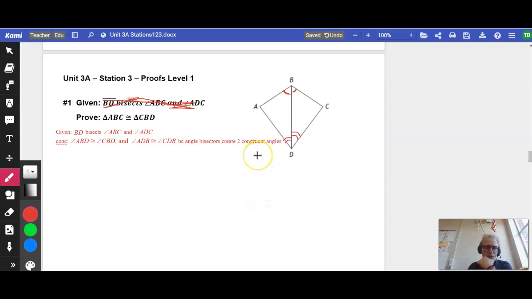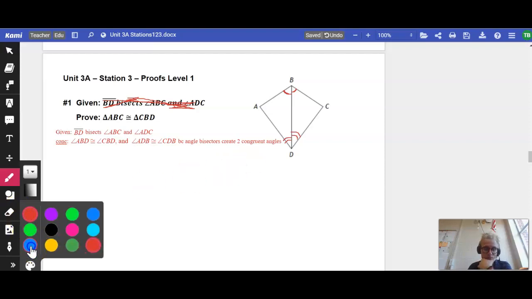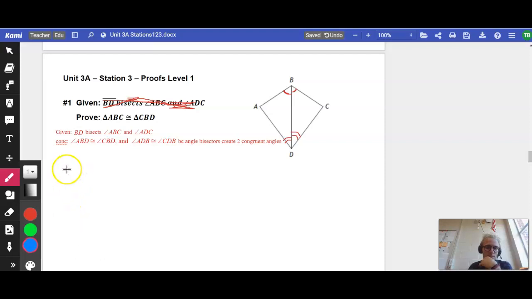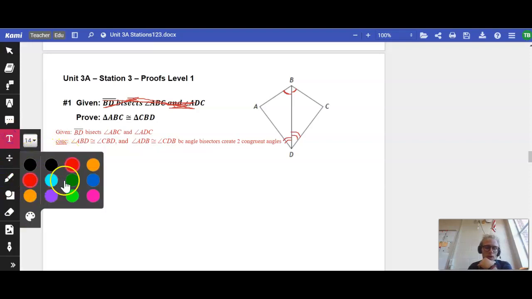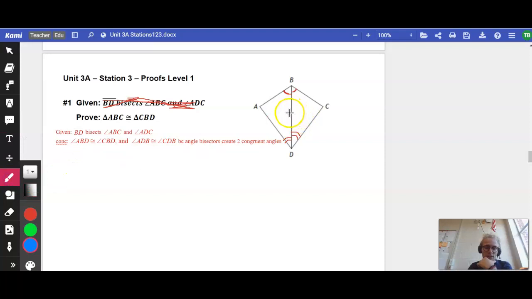When we're done with our givens, the only two things that we can get from our diagram are vertical angles and the reflexive property. So, you should hopefully notice here that we have the reflexive property right here in the center.